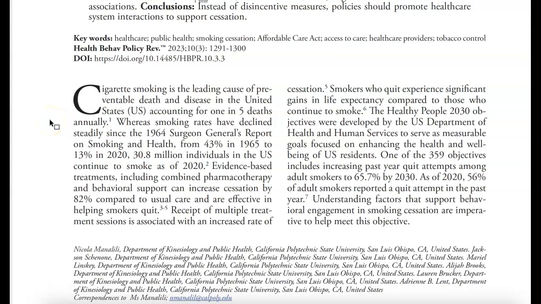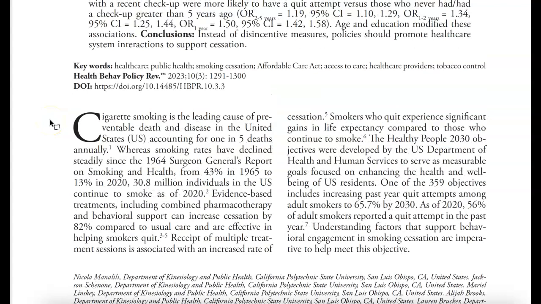This particular article was looking at different access to care related factors and their association with attempting to quit smoking. So those independent variables included things like having an identified healthcare provider, having a recent checkup, those kinds of things, and we were looking to see if those were associated with whether or not someone tried to quit smoking.